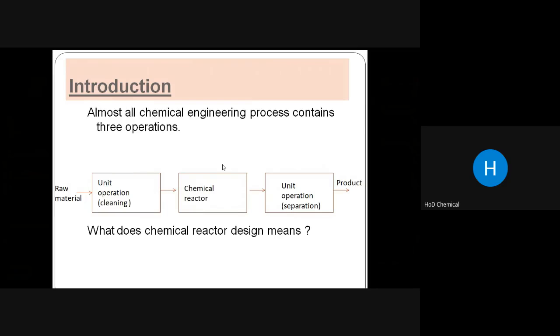After the unit operation, we have the unit process. Unit process means it happens in chemical processes alone, that is chemical changes alone.